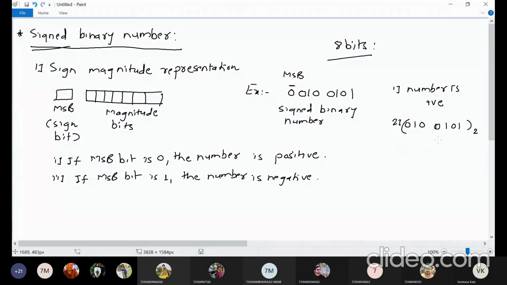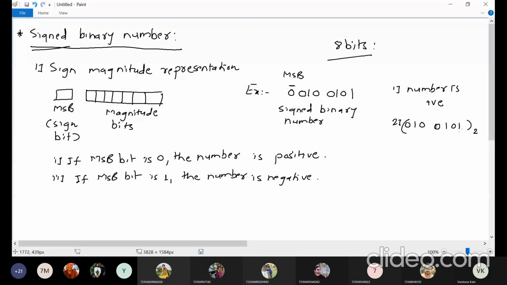We consider the powers of 2, which means we multiply these bits by their place values.